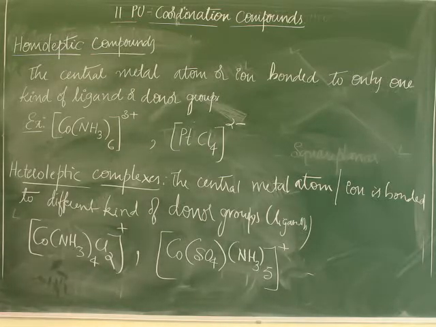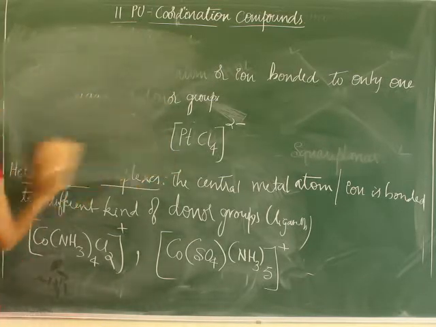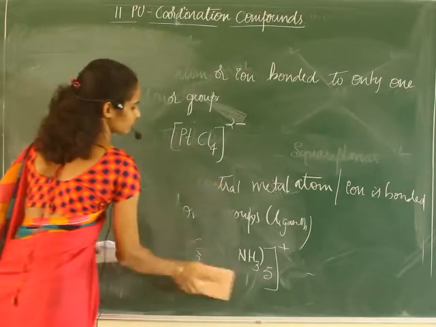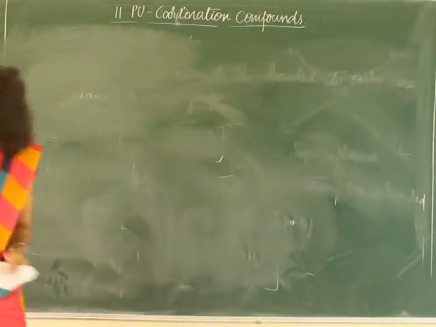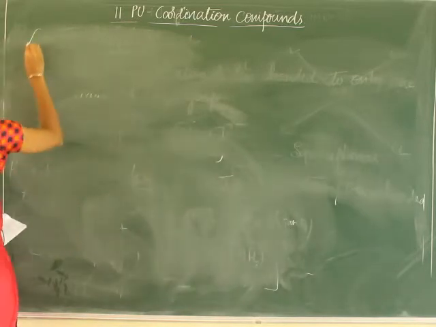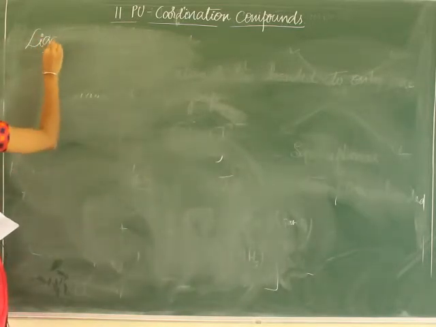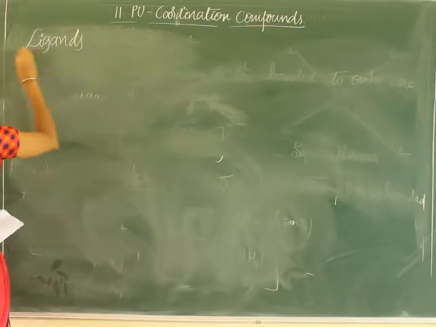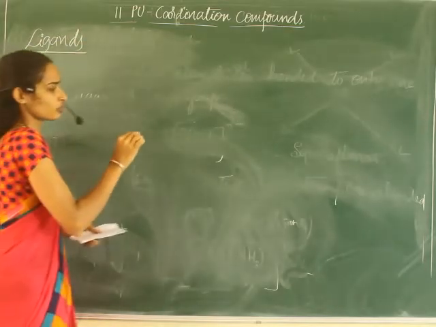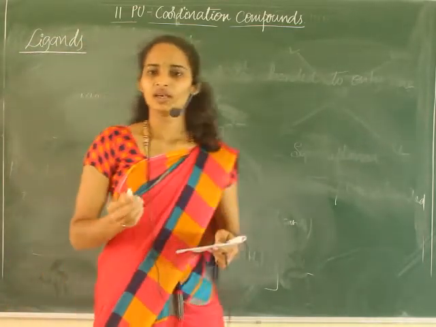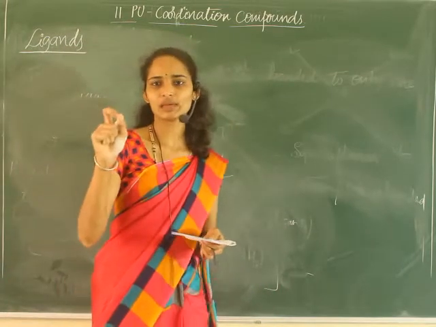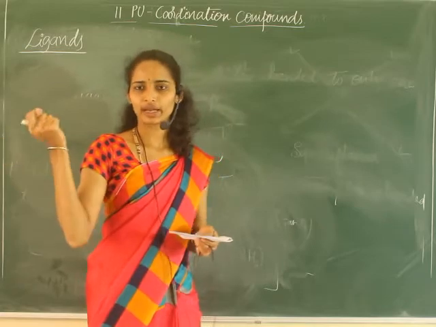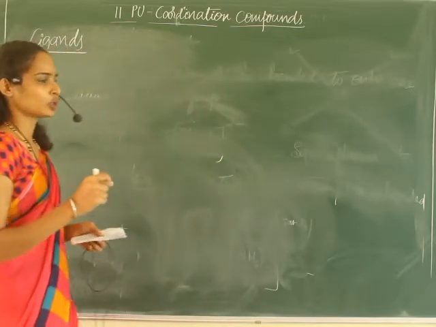Next, we'll move to the next topic, that is ligands. No need of giving only these examples, you can give any examples, okay? But the central atom must be attached to the same or different kind of ligands or donor groups.